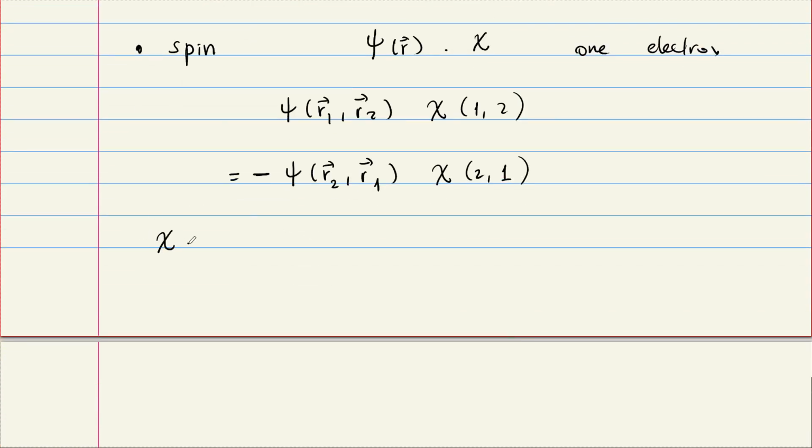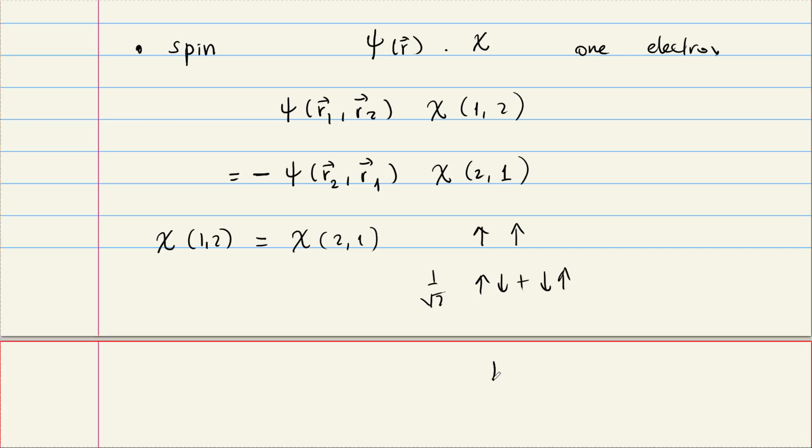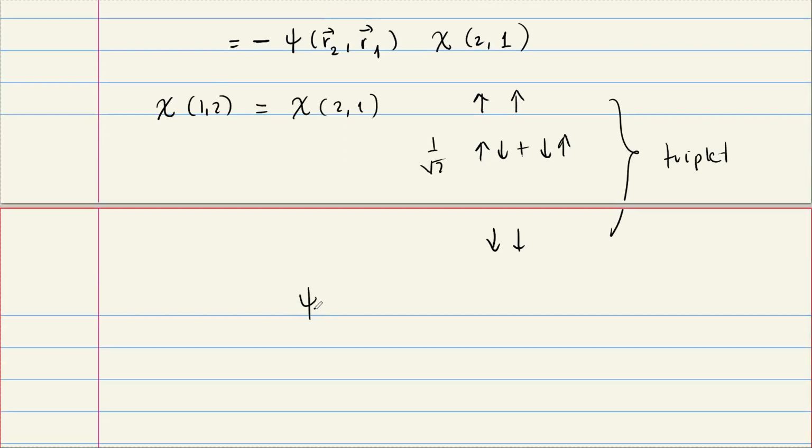If chi(1,2) equals chi(2,1), which happens for the triplets, up up, 1 over root 2 of up down plus down up, or down down, exchange any 2 of them and nothing changes. That's why the psi part, psi(R1,R2), should be anti-symmetric: minus psi(R2,R1).